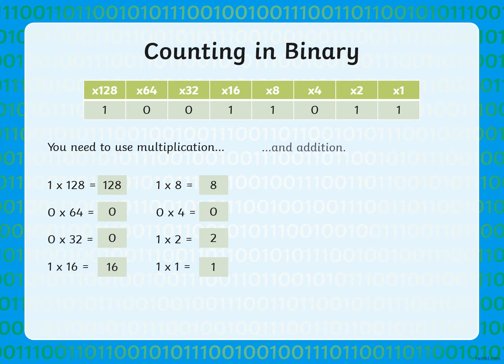After you've worked out the multiplications, you then need to use addition. Adding each of the answers, 128, add 0, add 0, add 16, add 8, add 0, add 2, and finally adding 1 will give you the total of 155.